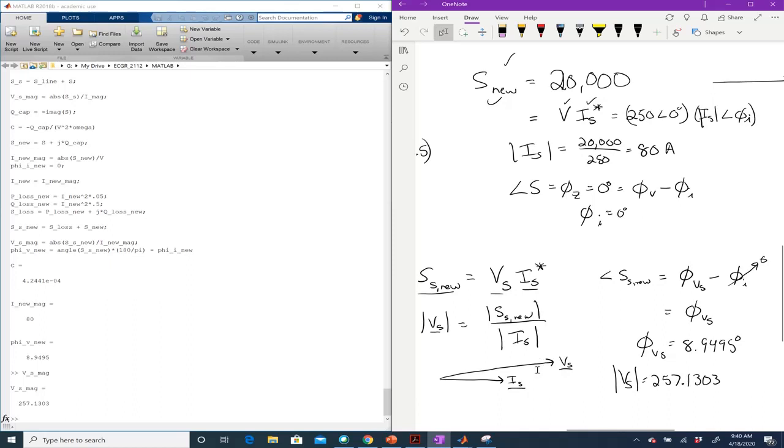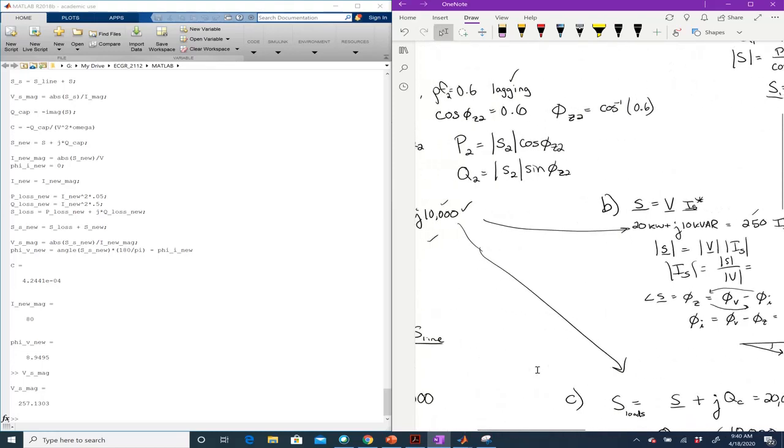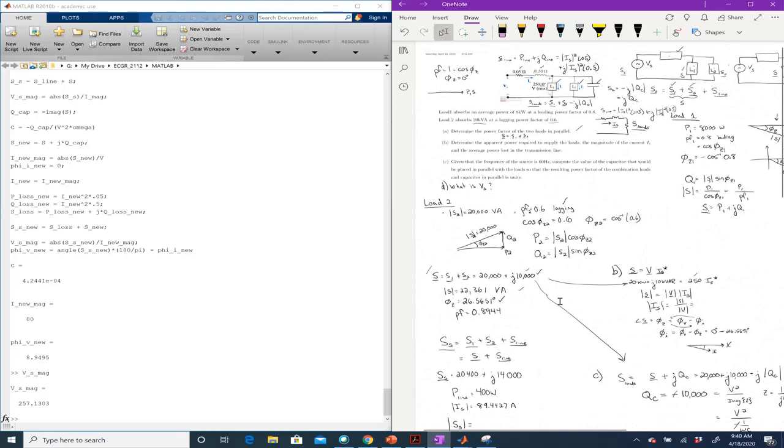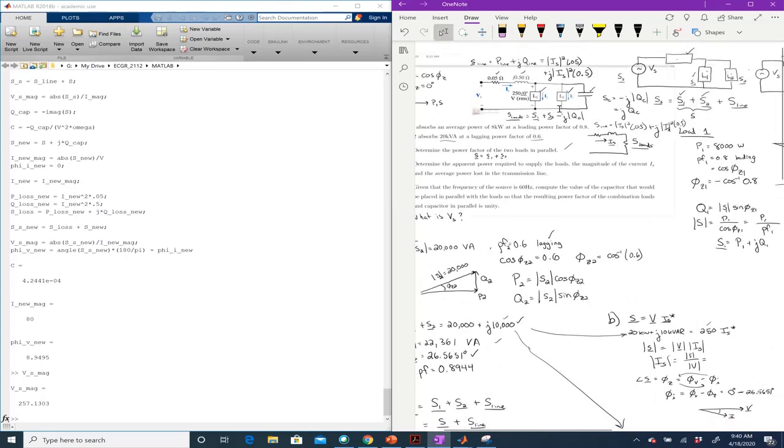That makes sense because when I did my power factor correction, I basically got rid of any reactive power going into these loads. So I made the combination of the loads look like a resistor.